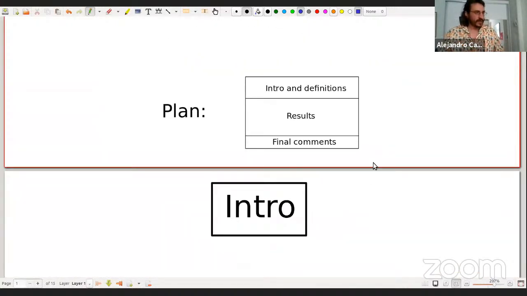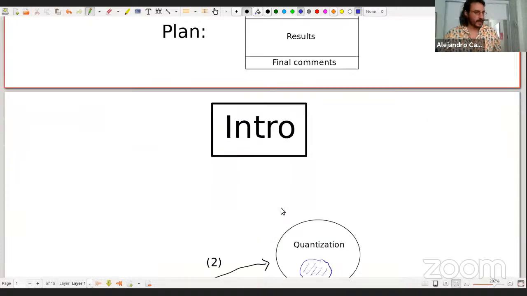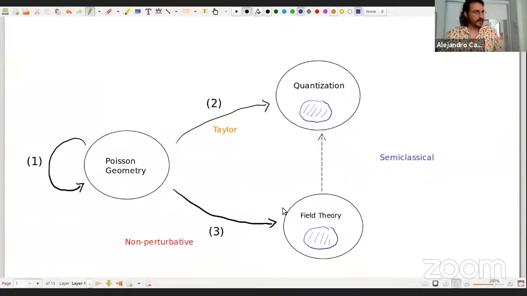So first, I will mention some introductory remarks. I look at this map and try to accommodate all the things that I'm going to say in this map. The first results will be about Poisson geometry in itself.